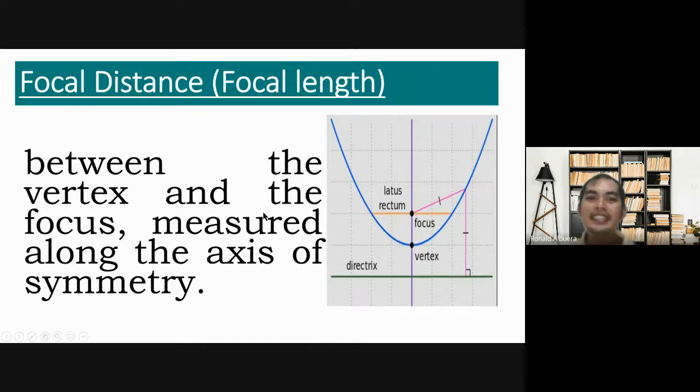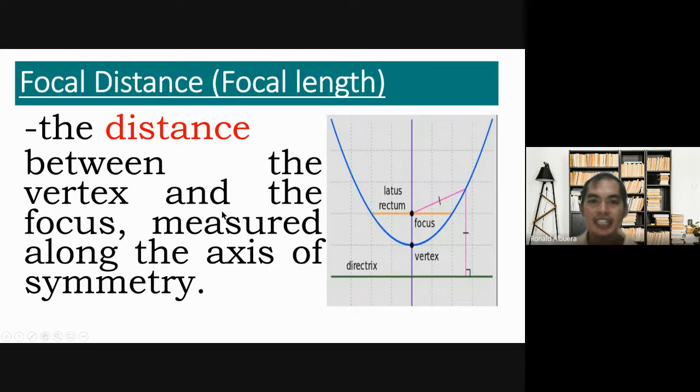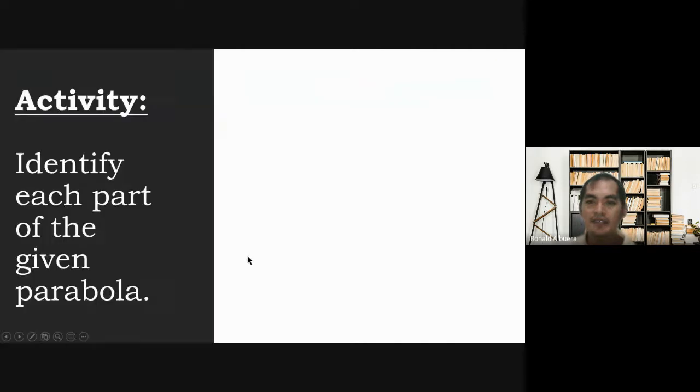It's a line segment and measured along the axis of symmetry. So, nag-overlap siya sa axis of symmetry. Okay, that's the focal distance. It's a distance between the vertex and the focus measured along the axis of symmetry.